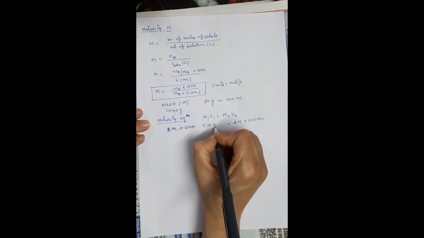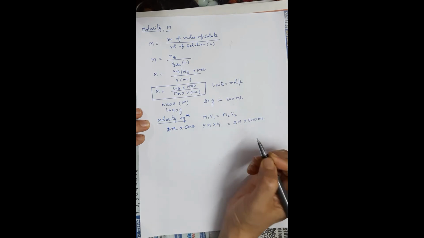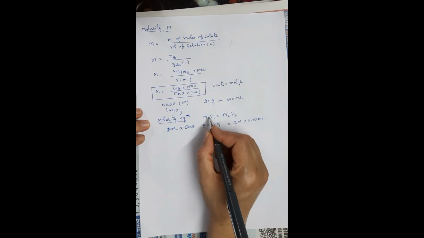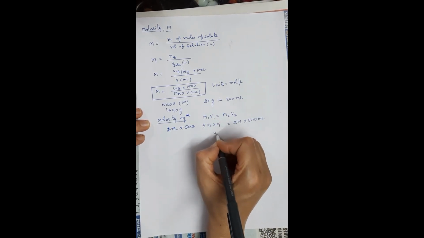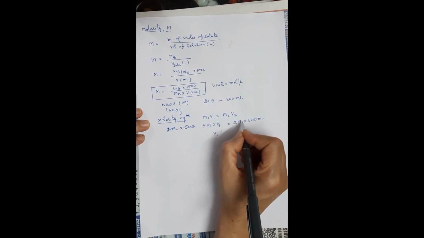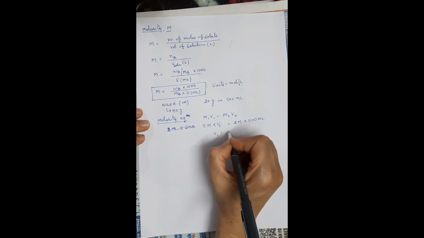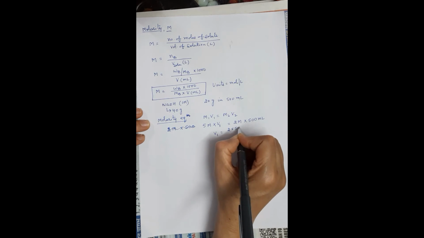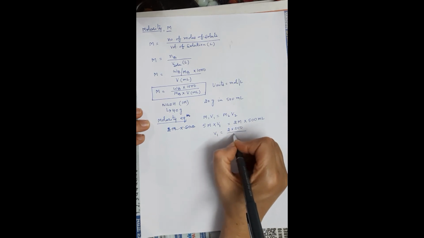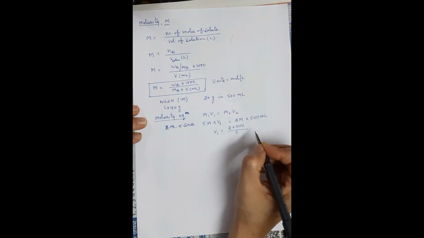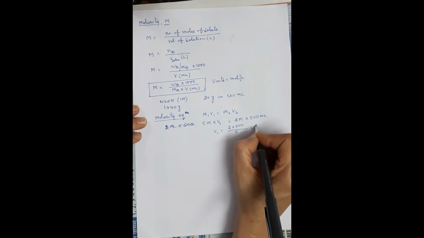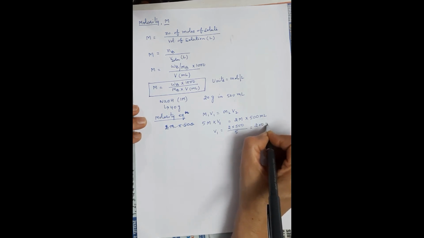Just apply this equation and it becomes V1 is equal to 2 into 500 divided by 5, and you will get here 200 ml.